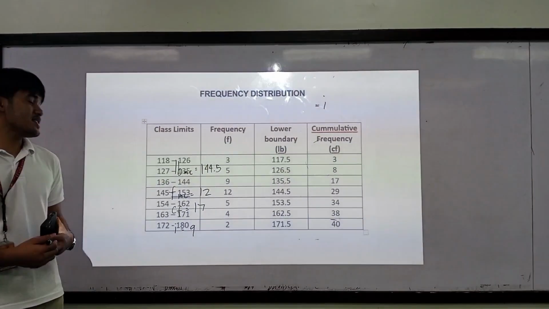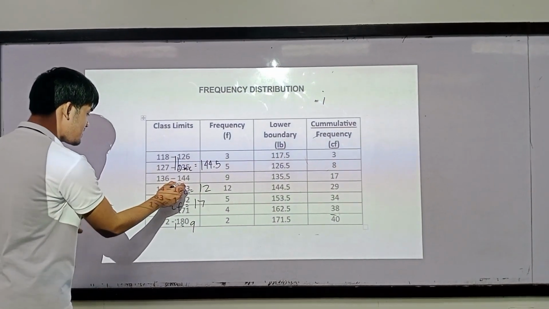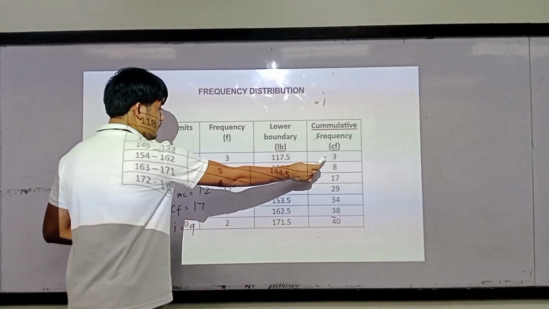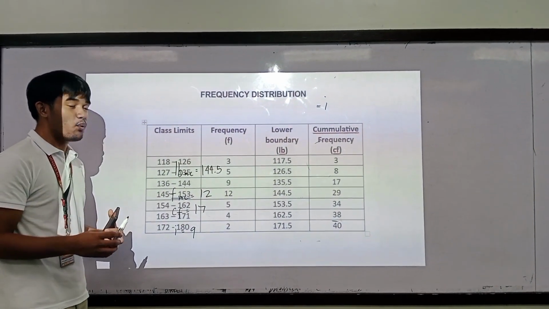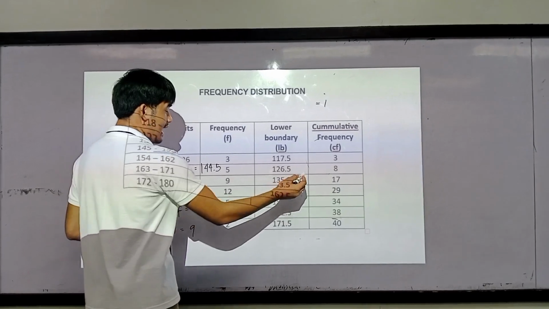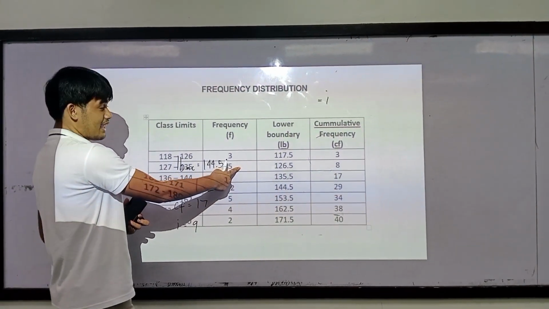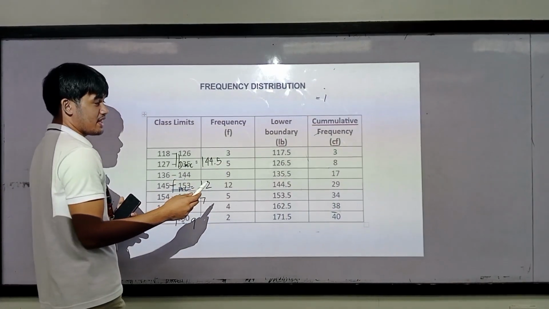So, as you can see in our table, since our cumulative frequency is 3, it also means that the interval will end up in the 3. And in the second median class, its cumulative frequency is 8.